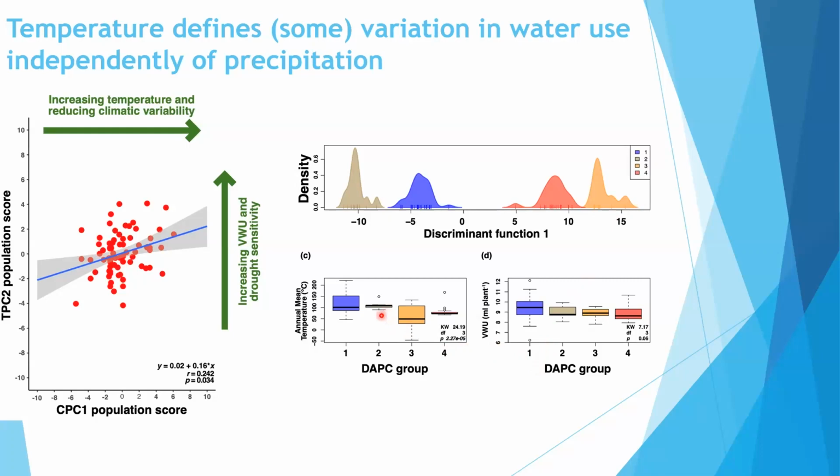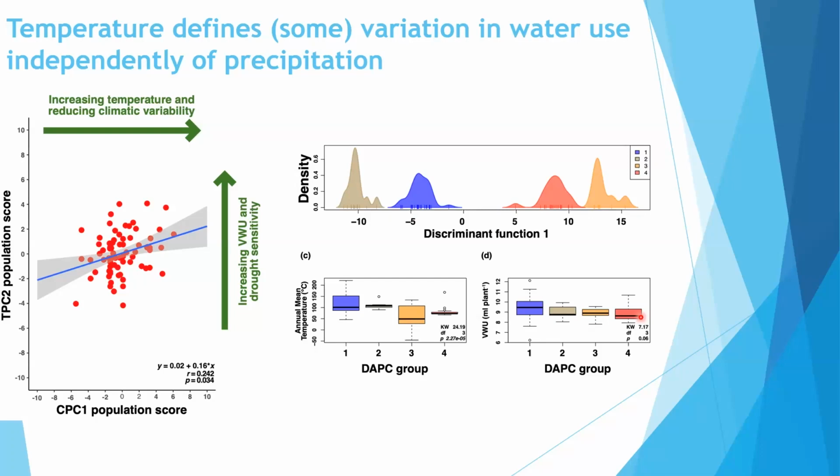But then if we compare mean temperature and water use across these 4 clusters, you can see that cluster 1 has high temperature, high water use. Cluster 4, low temperature, lower water use. So this is again reinforcing the association between the temperature at the site where these populations have evolved and how much water they use.